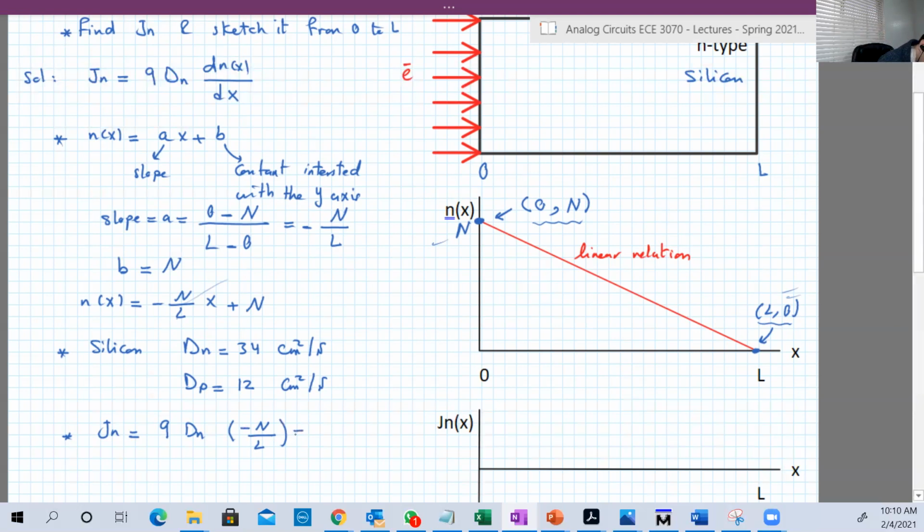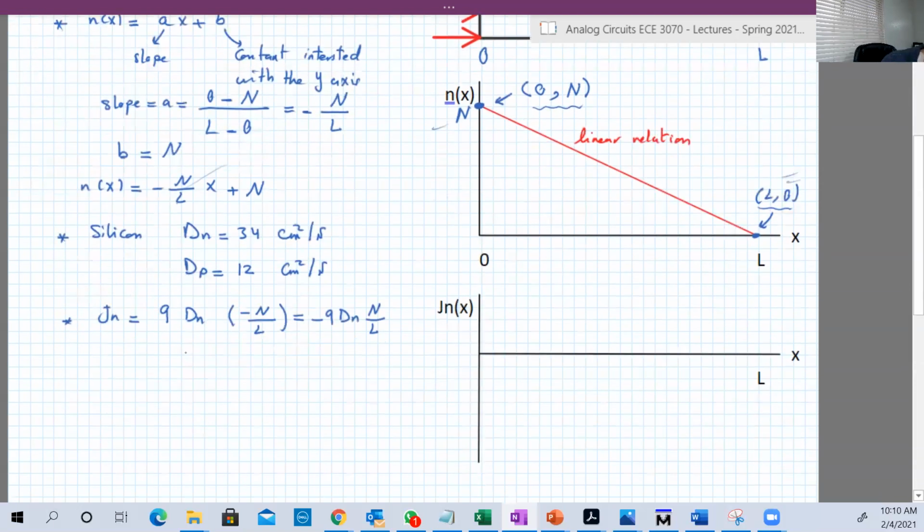So at the end, Gn equal to minus Q Dn n over L. It's a constant. So Gn here equal to constant. So when we sketch it, and this constant is minus. So let's sketch it with x. This is the x axis. Here is Gn of x.